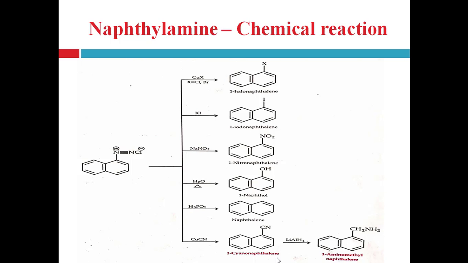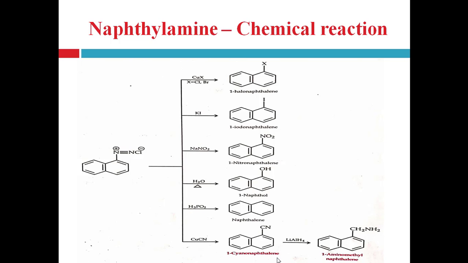That means the C triple bond N cyano group is reduced to the CH2NH2 group. In C triple bond N, two pi bonds are present. These two pi bonds are reduced with the help of hydrogen from lithium aluminium hydride and converted into the CH2NH2 group, the aminomethyl group.